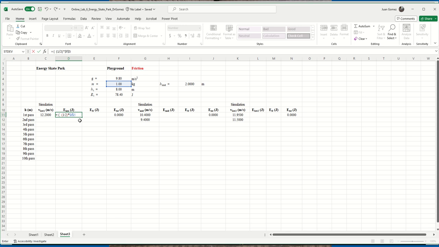That's 1/2 m, then times V squared. So times parentheses, C11, because that's where the simulation speed is, C11 squared. 1/2 m V squared, and then close, hit check.